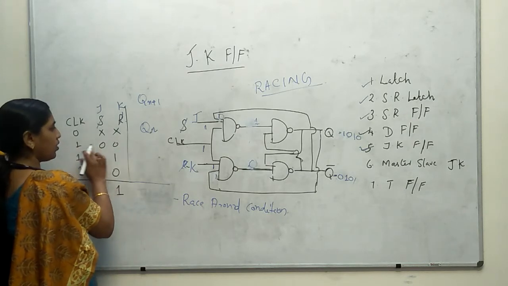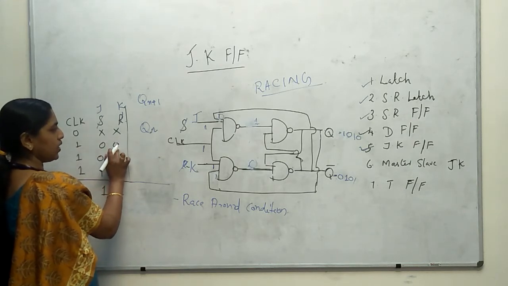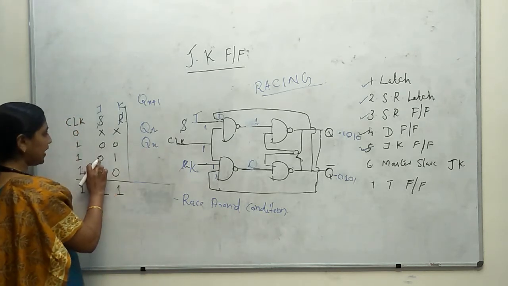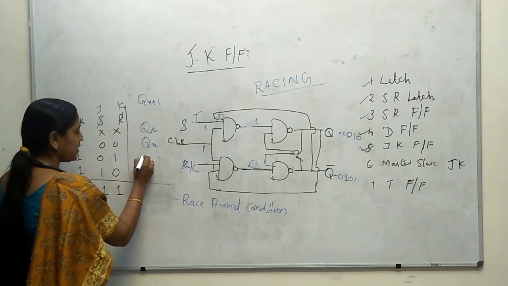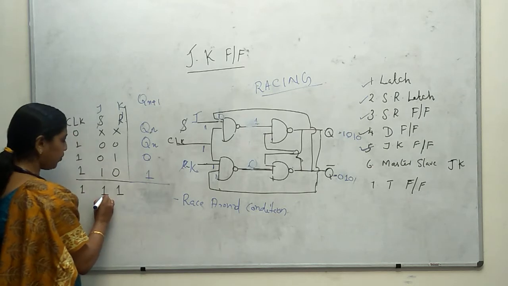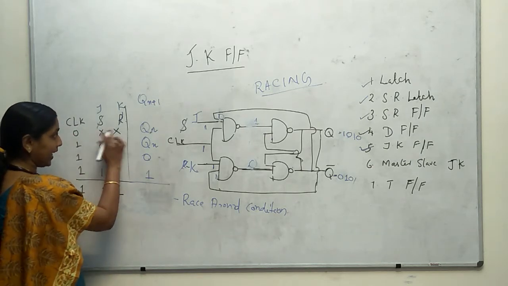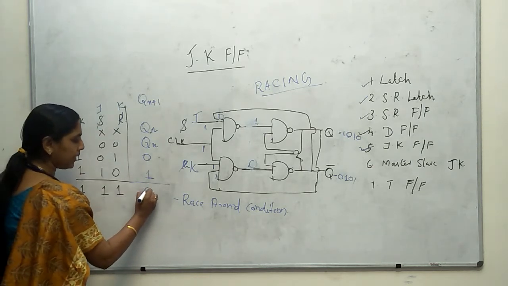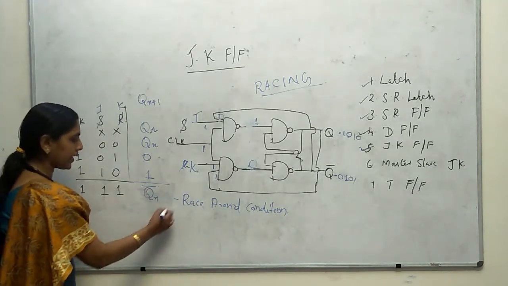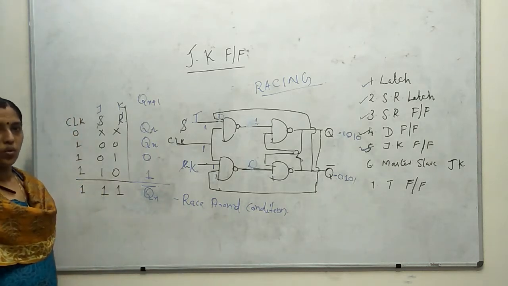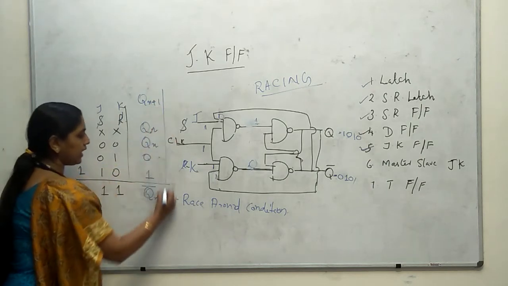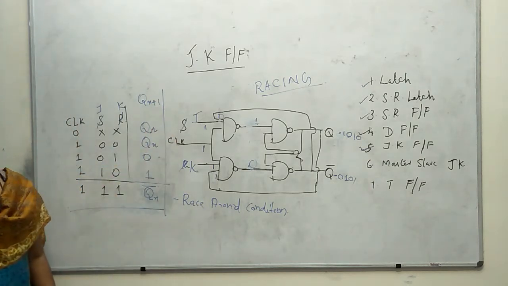When clock is equal to 1 and both J and K are 0, 0, the output will remain. When J equal to 0 and K equal to 1, output is 0. When J equal to 1 and K equal to 0, output is 1. When J and K are both 1, 1, whatever the previous output, you will get the complement of that, that is Q bar. This case is known as the race around condition or toggle state, or racing. So this is the table for the JK flip-flop.